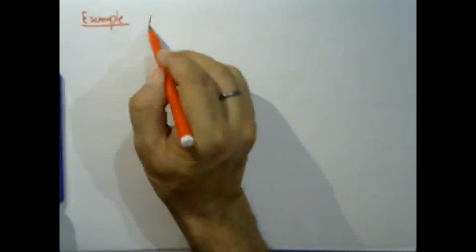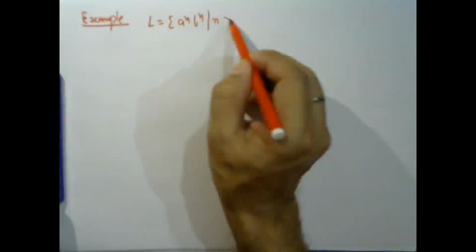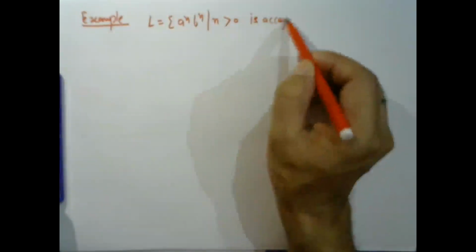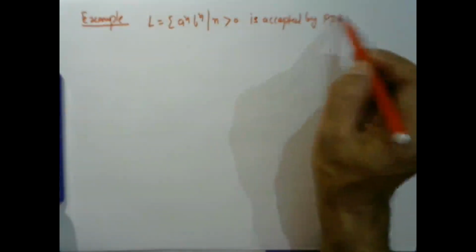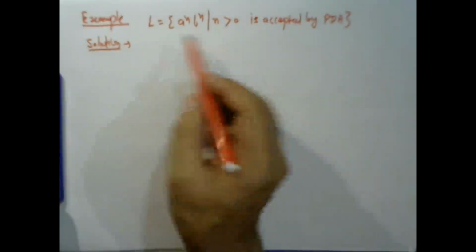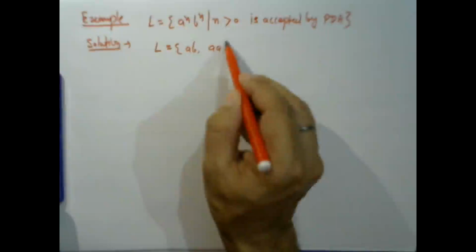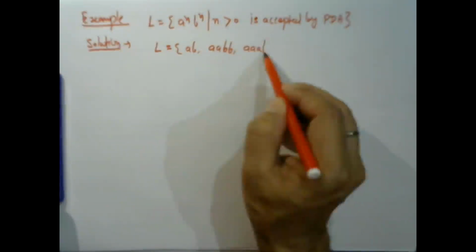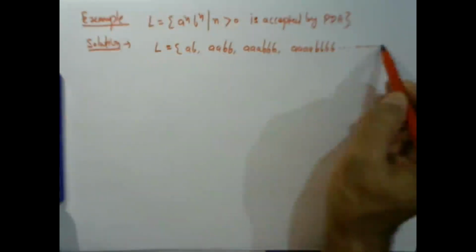Suppose the language L is equal to a to the power n, b to the power n, such that n is greater than 0, is accepted by a PDA. Solution: now L is in the form of AB, AABB, AAABBB, AAAABBBB, and so on.